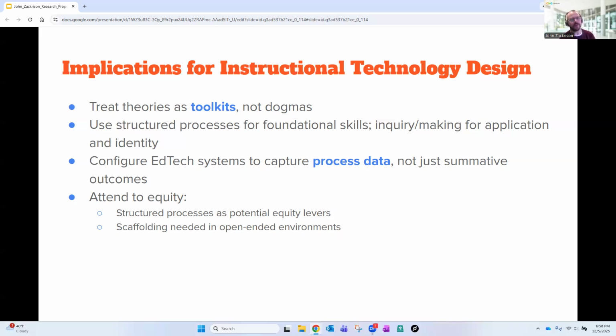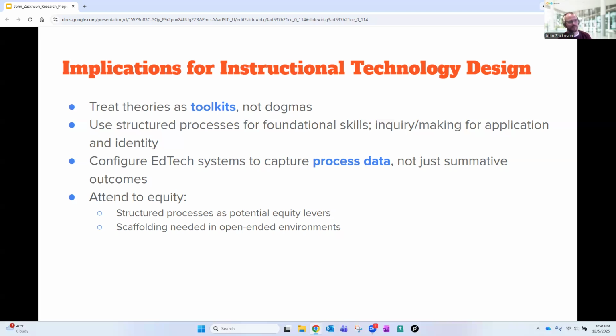And then third, the framework invites us to think about equity. Evidence we know suggests that well-designed direct instruction or behaviorist and mastery learning can benefit students by providing good structure and multiple chances for mastery. On the other hand, open-ended constructivist or constructionist environments can unintentionally widen gaps if learners lack a particular set of prior knowledge.